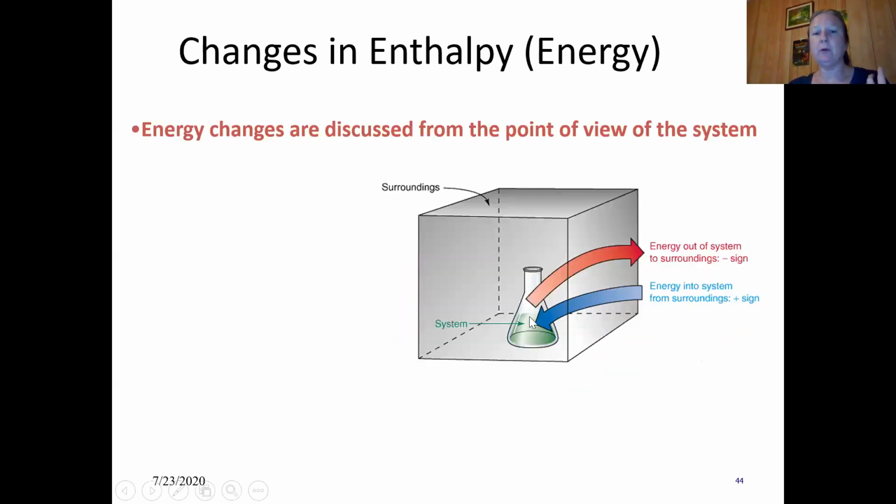So if it's exothermic, this is my system. This is where the reaction is happening. It's giving off energy as a product, heat energy as a product, enthalpy. Therefore, where is that energy going to go? It's going to go into the walls of the flask, the air around it. The temperature of those will increase because they are getting energy added to them.